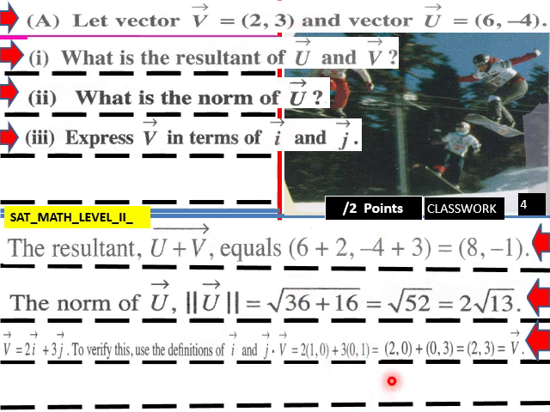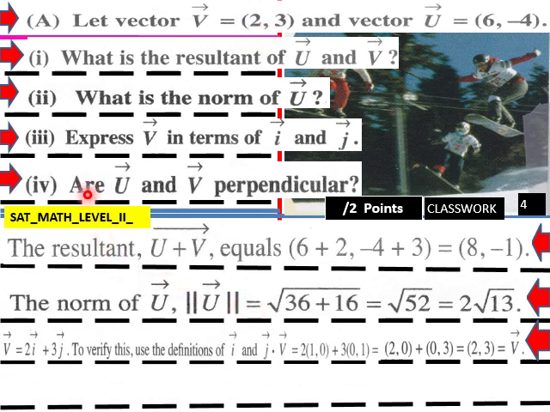When we do that, we come up with 2, 0 plus 0, 3, which equals 2, 3, which equals our vector v. So that would be expressing vector v in terms of i and j.